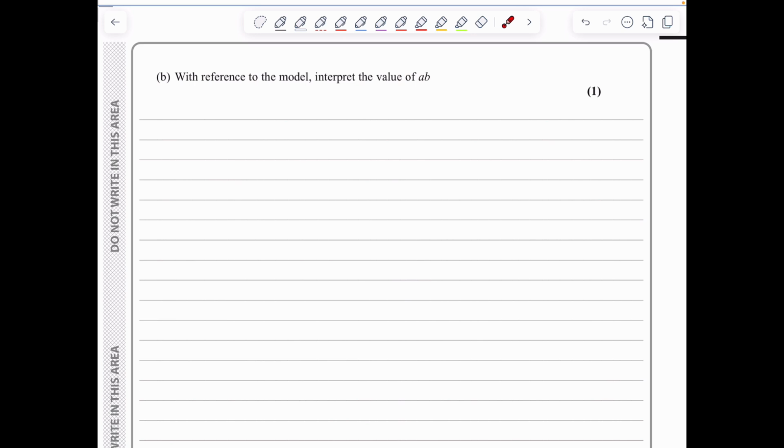In part B, we need to interpret the value of A times B with reference to the model. So the model was that P is AB to the x, which was found to be 1995 times 0.6310 to the power of x. We observe that if I substitute x is 1, then we get that P is A times B to the power of 1, which is simply AB, which is 1995 times 0.6310, and this gives an answer of 1259.